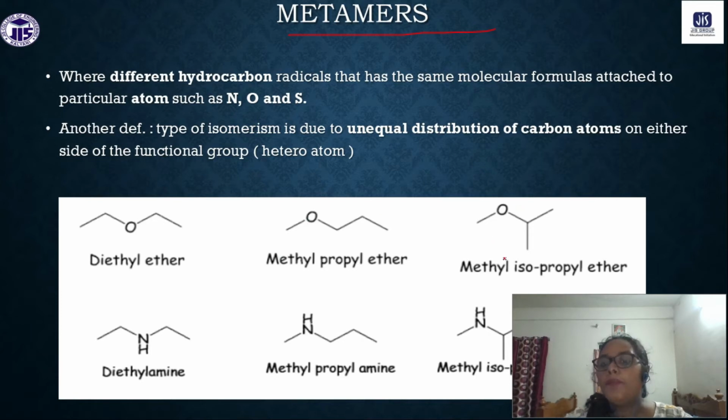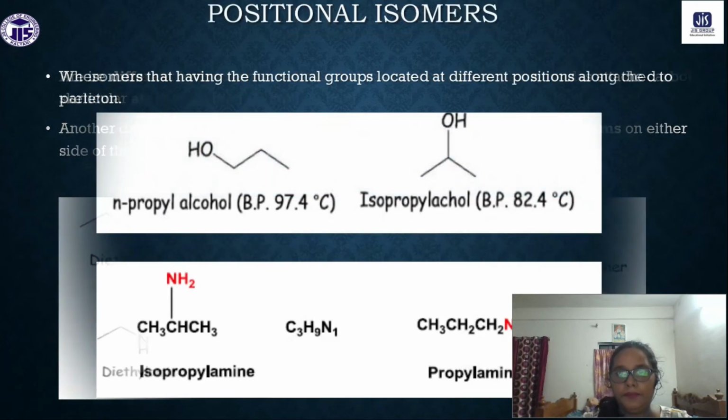Here on one side we have the methyl, on the other side we have the isopropyl ether. So these are some of the isomers that differ in the positional arrangement. Okay, so this is called metamers.